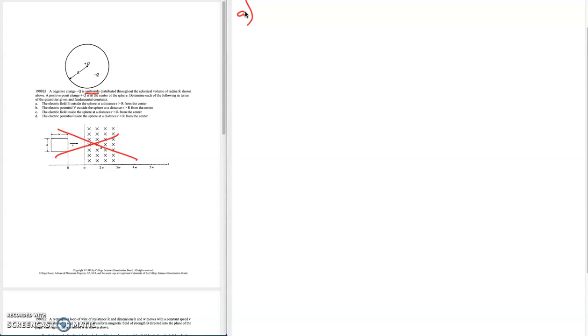All right, part A, the electric field outside the sphere at a distance r greater than R. Okay, so outside the sphere, so out here at a distance r. So let's start with Gauss's law, because we have nice spherical symmetry here. So let's use that spherical symmetry to our advantage.